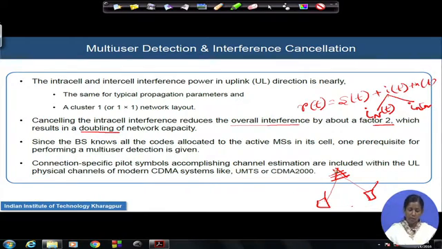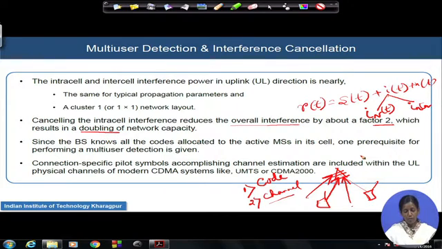So, as I discussed in the last slide, the two important pieces of information that you need for multi-user detection are, number one, the code information, and second, the channel information or the channel estimation you have to perform. In the uplink both are feasible, it seems, because the code is known to the base station, he has distributed the code, and if I give different channel training sequences, a preamble designed for the different users, then definitely using those different training sequences, the channel estimation is also possible.